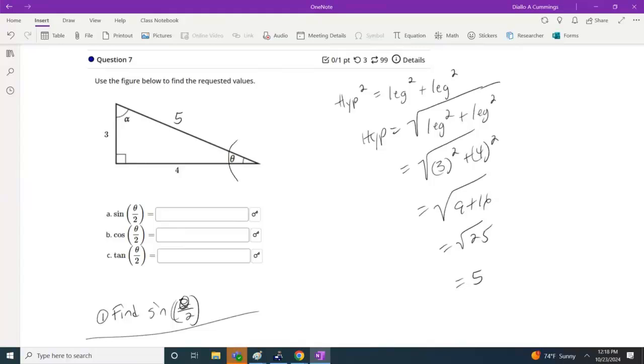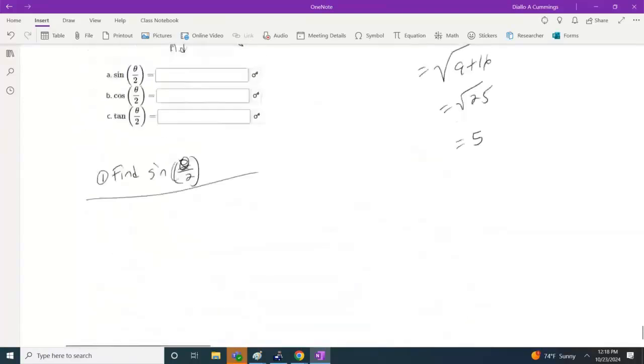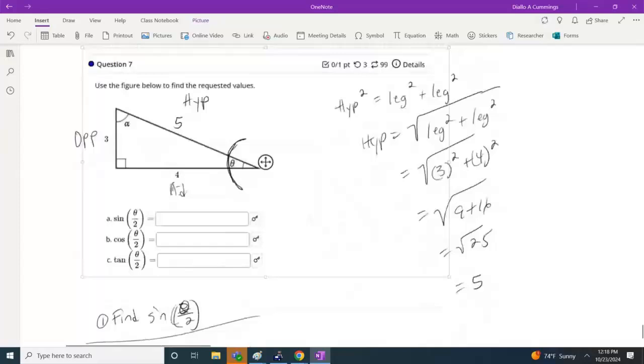So I'm going to treat theta as my reference angle, and label my sides according to this reference angle. So 5 is my hypotenuse, the opposite is going to be 3, and the adjacent is going to be 4, right?